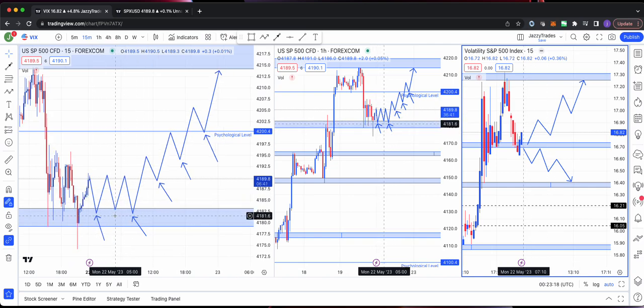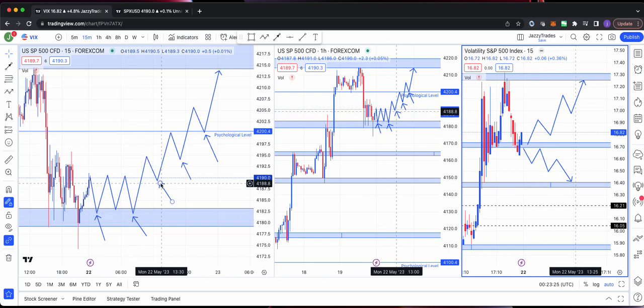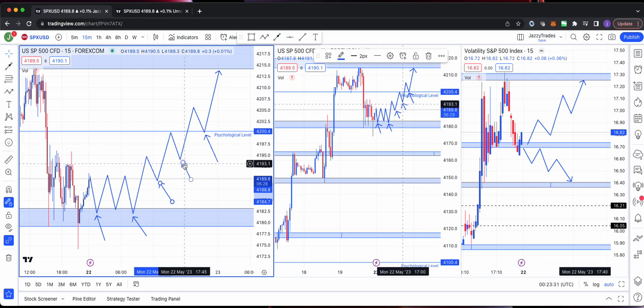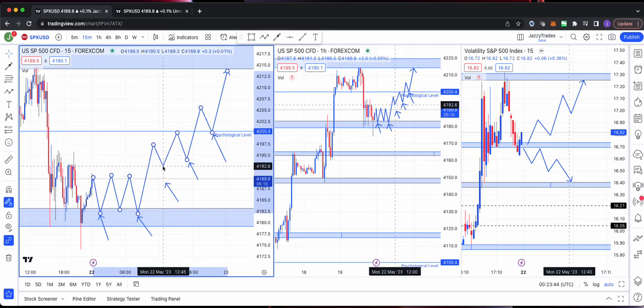Why? I answered the first question, so let's move on to the second question. Why do we buy close to the zone? Why doesn't Jazzy like buying point number 3, point number 4, point number 5? Why don't we buy here? What's the risk? The 3 might not be too bad actually. Let's cheat a little bit.